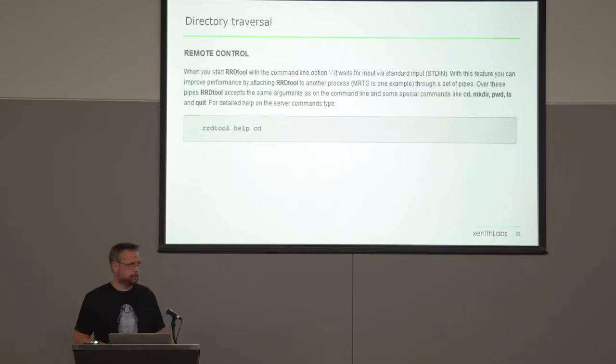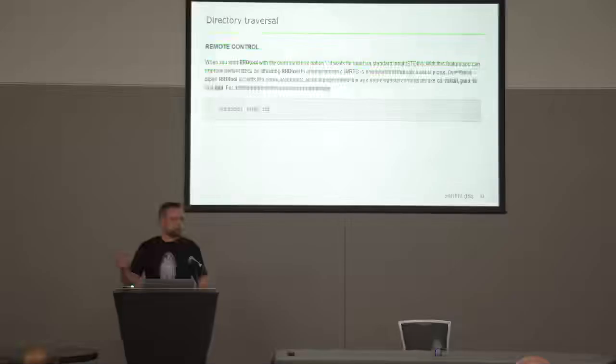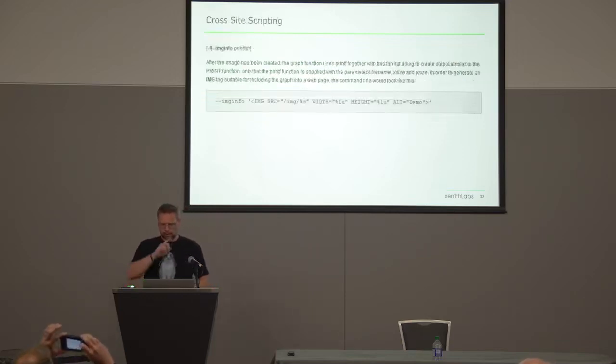Directory traversal: essentially, because it supports cd, you can just do cd .., cd .., cd, etc. as one of the functions. And we can stack functions. You can have multiple functions just separated by new lines. So we can combine multiple of these. Cross-site scripting: we can do -f or --imginfo and give it a string.